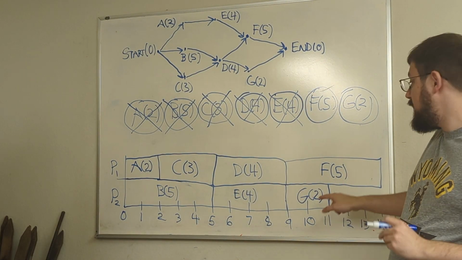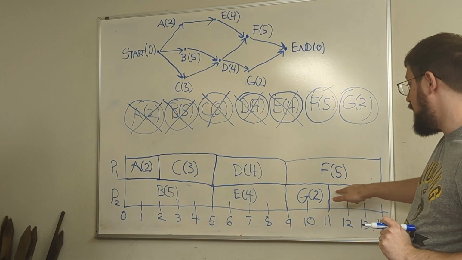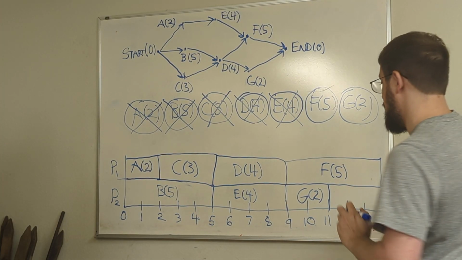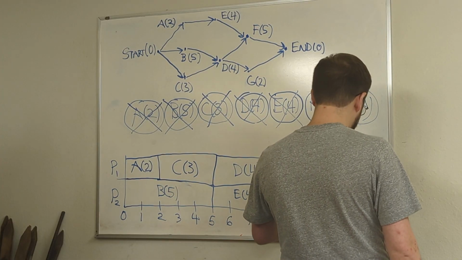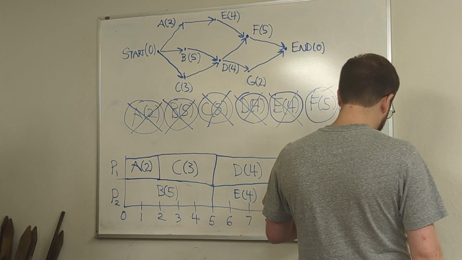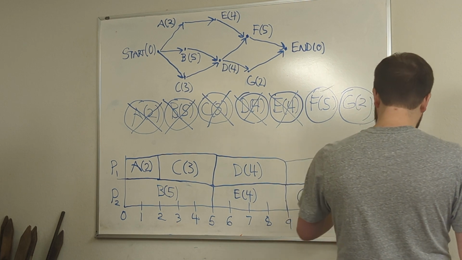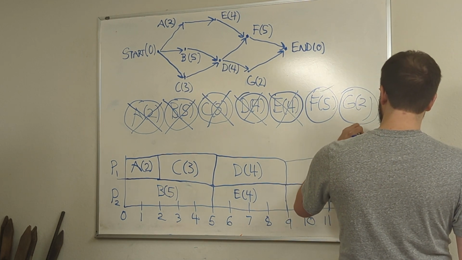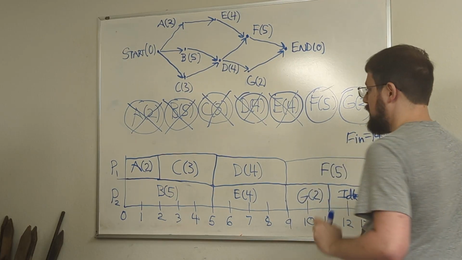Notice that this means that P2 is going to be idle for the last 3 hours while F is being worked on by P1. So this gives us a finishing time of 14.